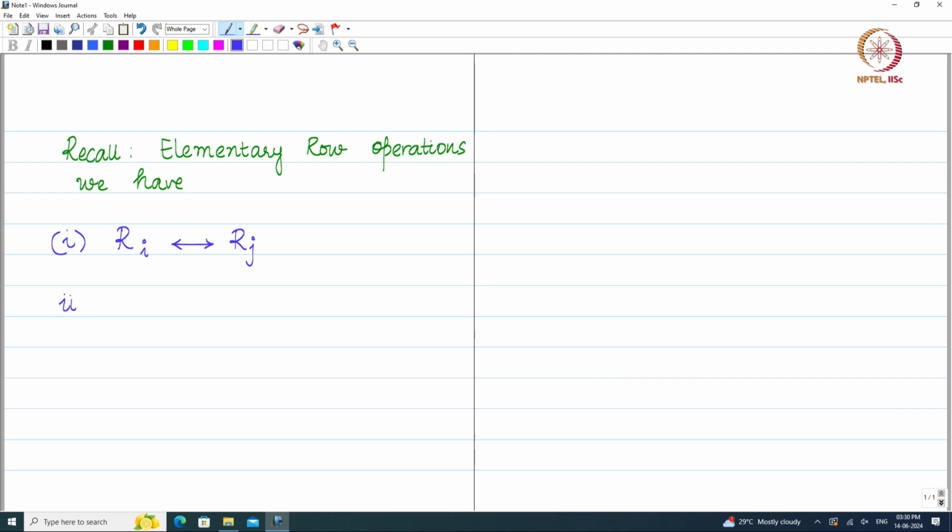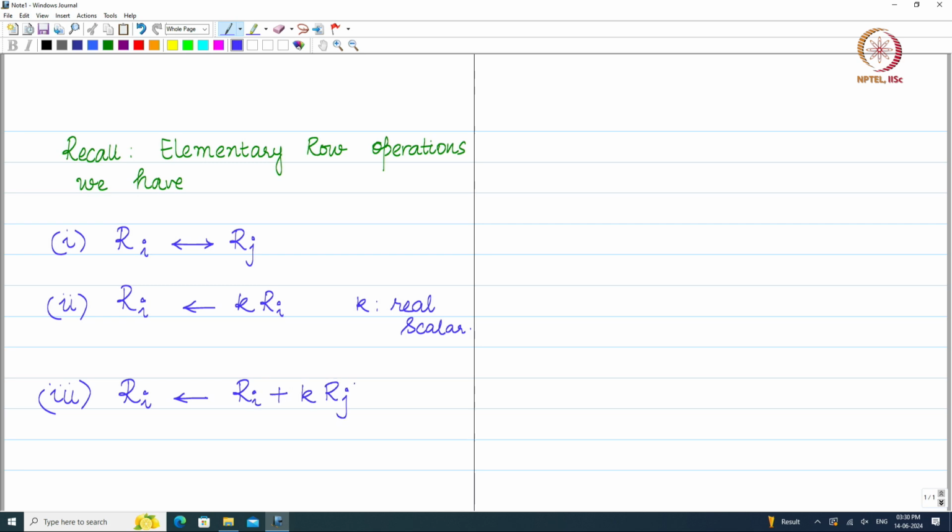In the second one, we replaced the row Ri with k times Ri, that is, we replaced a row with a kth multiple of the same row, where k is a real scalar. And the third operation that we did was pretty interesting, because we said you are going to replace the ith row with the ith row plus k times another row, a k multiple of another row.